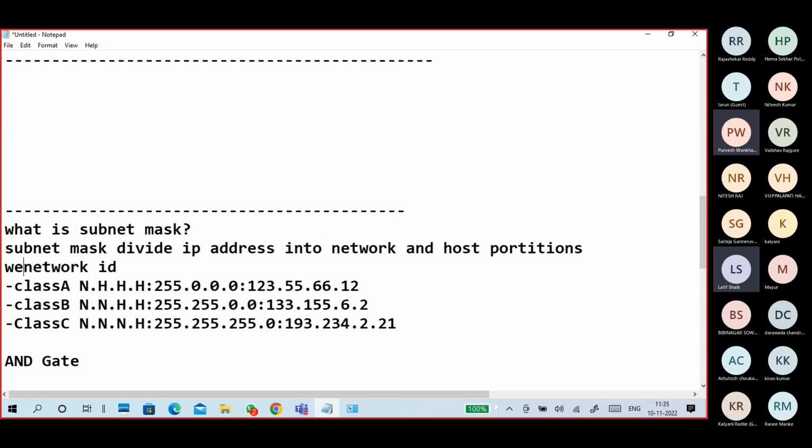Can find subnet mask tells network ID based on IP address and subnet mask.